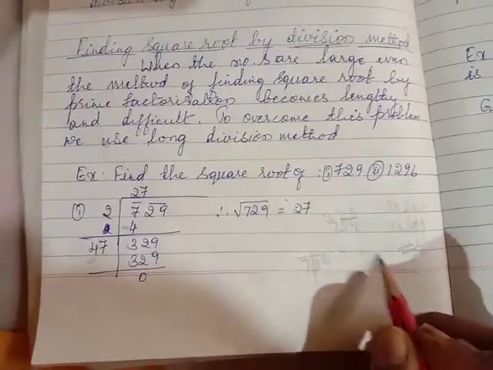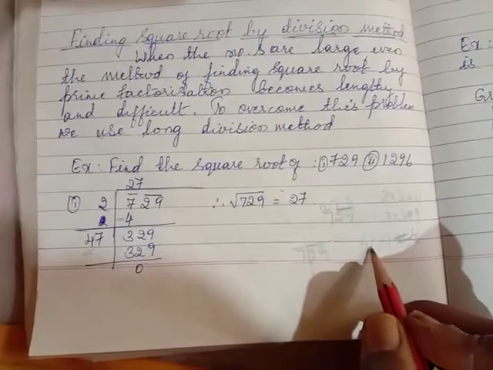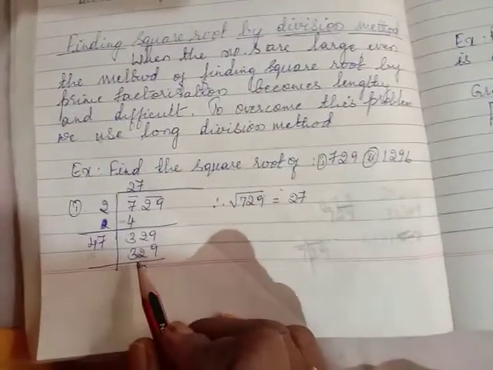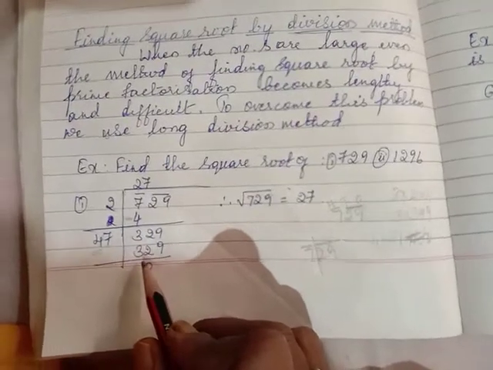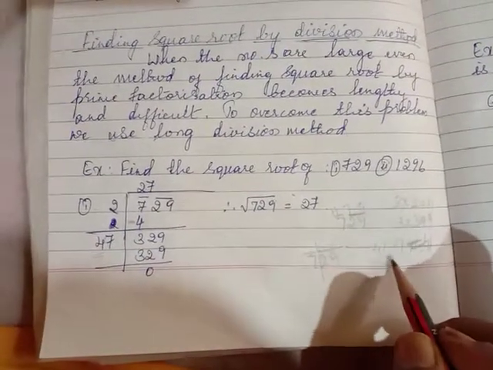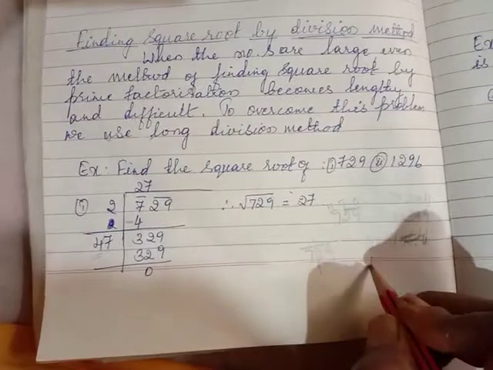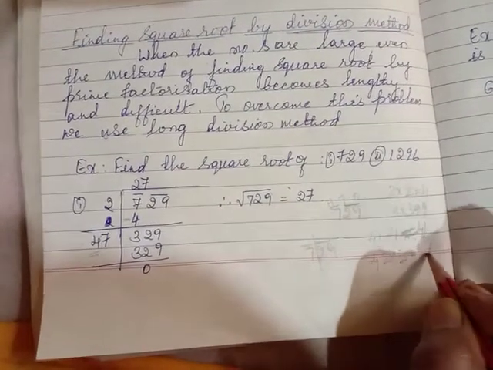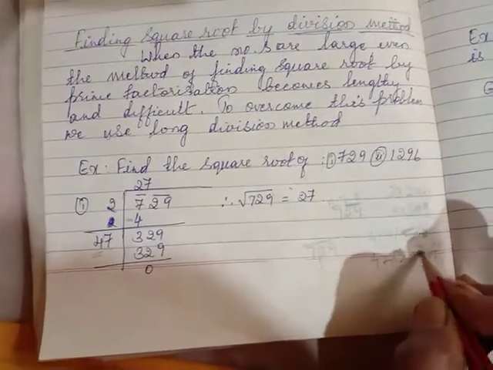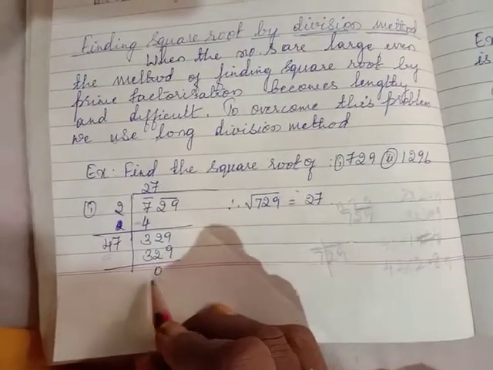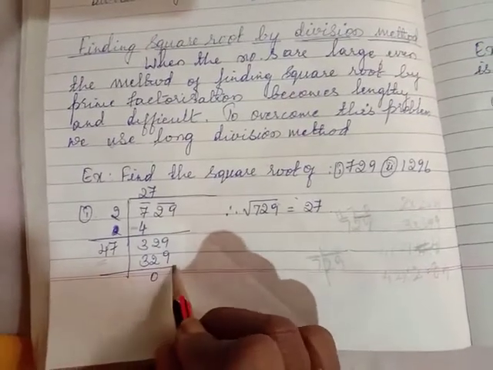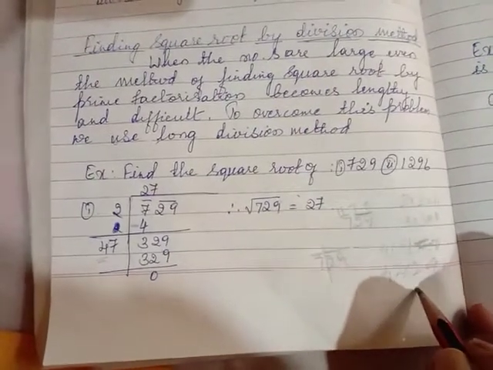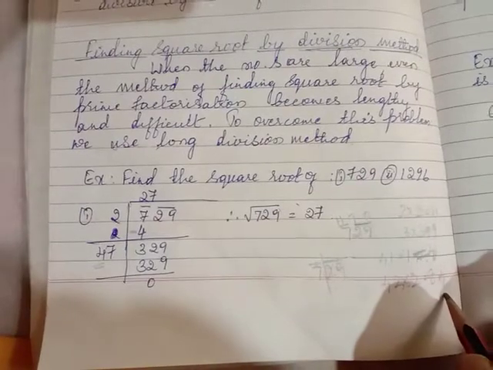That is a very small number, so we go for another number. 42 into 2: 2 twos are 4, 2 fours are 8, so 84. 84 is also very small compared to 329. So we have to keep trying. 43 into 3 also gives a very small number.